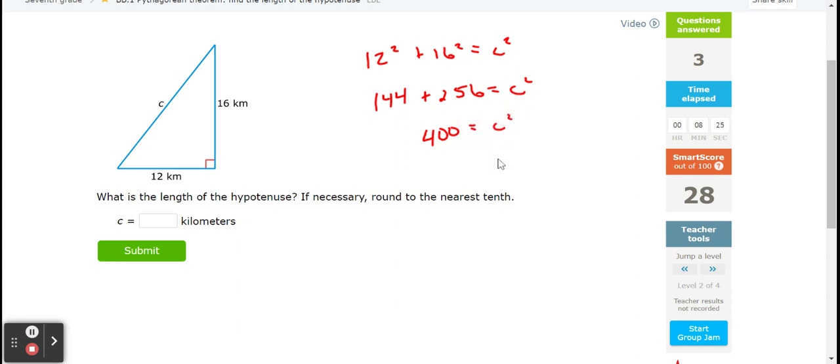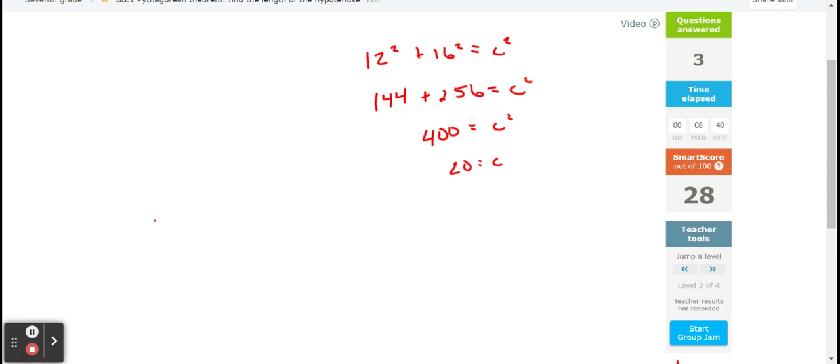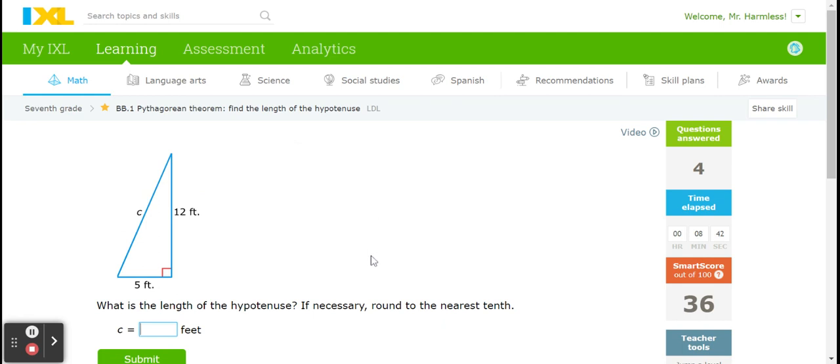Square root of 400 is 20. And so 20. There we go.